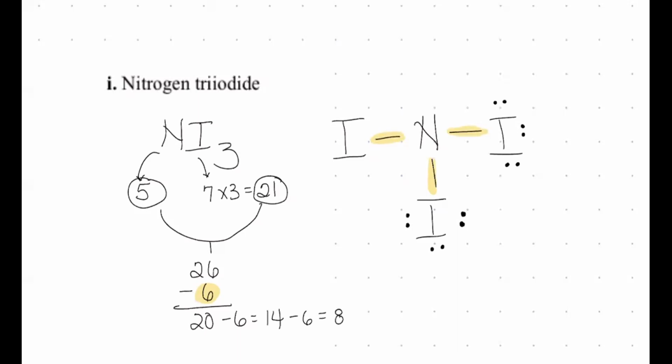We have 8 left. One, two, three, 4, 5, 6. Minus 6. We still have 2 electrons. Where do we put those 2 electrons? The iodines are happy. Excellent job on the nitrogen.